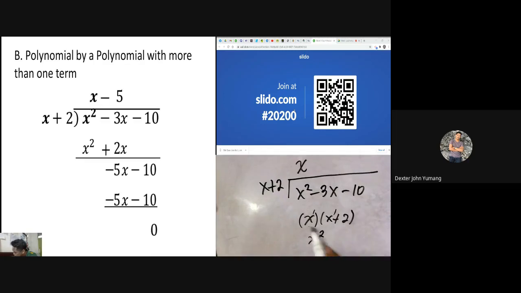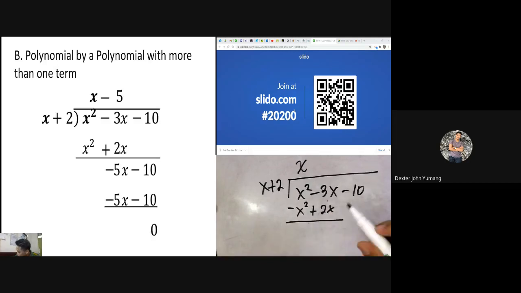Next, multiply 2 times x. There is no variable here and no number except the invisible 1, so just copy it when there is no partner. So just copy 2x. Then scratch it out. The answer is x squared plus 2x, so write it here.